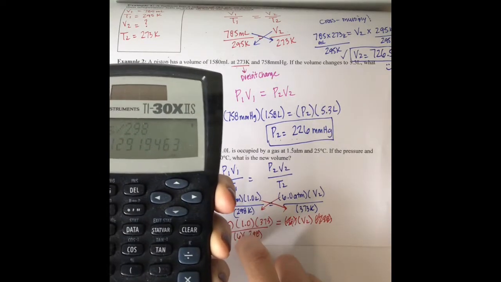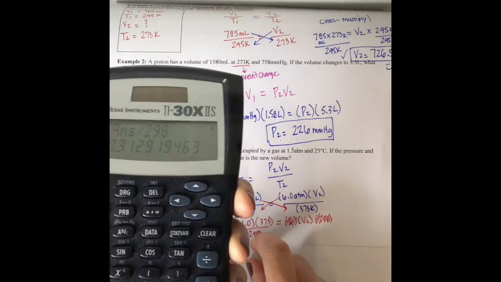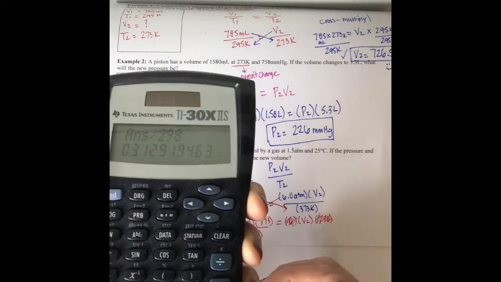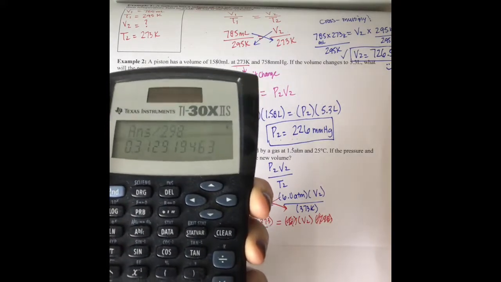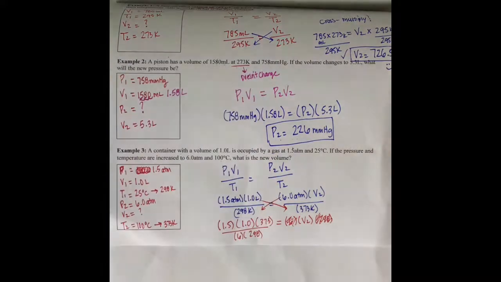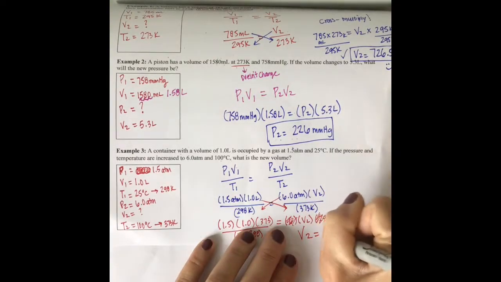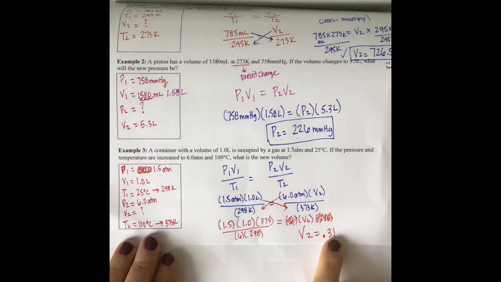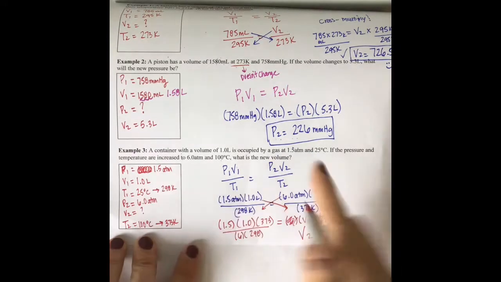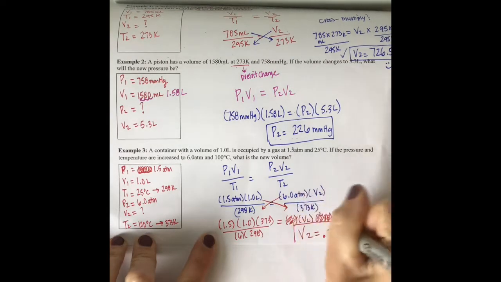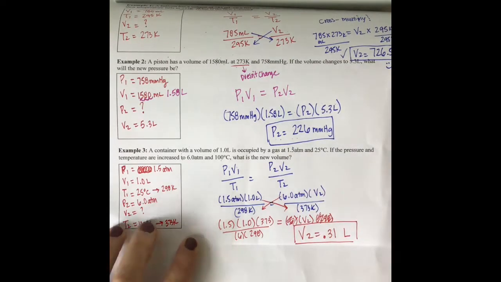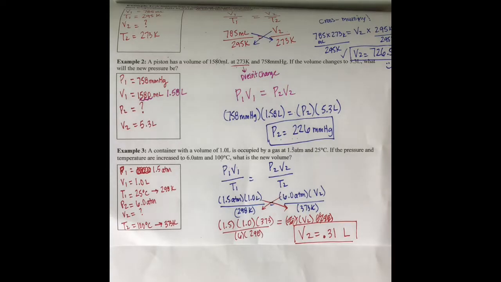You want to divide by 6, divide by 298, so it knows that you want both of those in the denominator. And I get 0.31 for my answer. V2 equals 0.31. 0.31 what? It's a volume. My initial volume was in liters, so my second volume will be in liters as well.